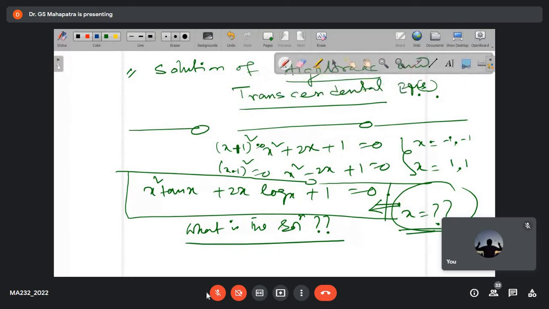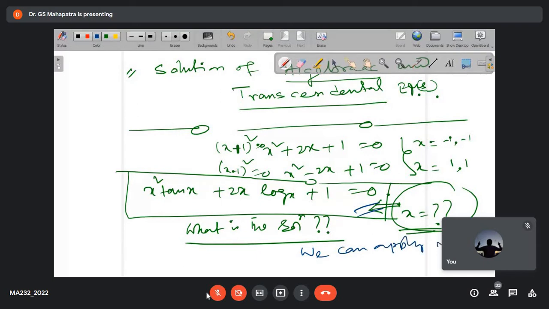Now what is the solution? We have to apply numerical techniques. We definitely need a solution for this type of equation for your engineering applications.